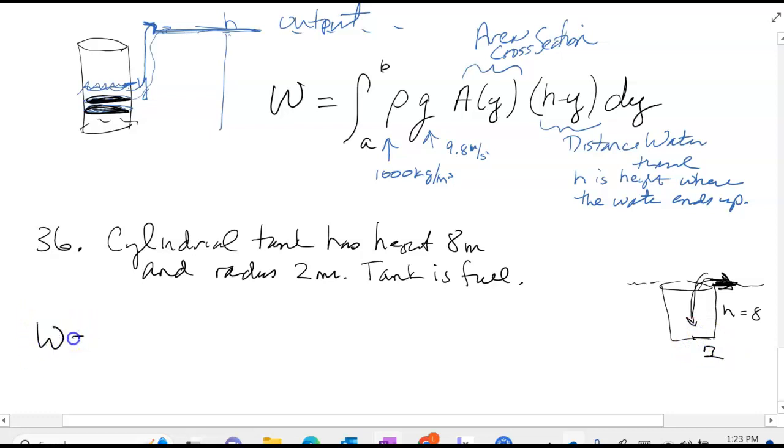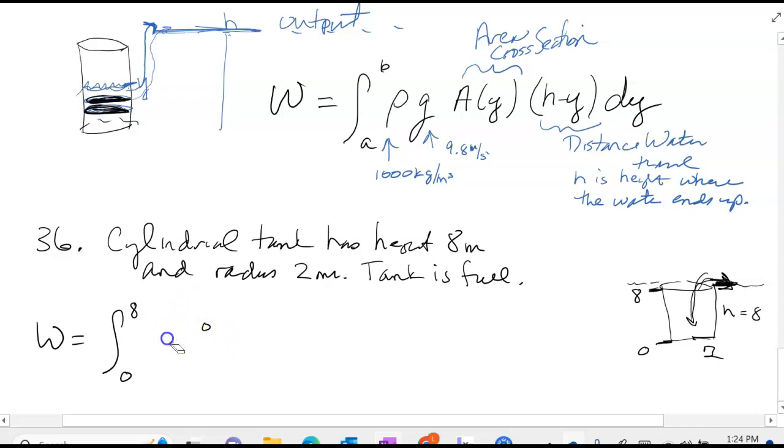So work equals. Now, let's talk about a to b. That's going to represent your water levels. You're going from 0 to 8 because we said the height of the tank was 8. Our water has a density of 1,000.